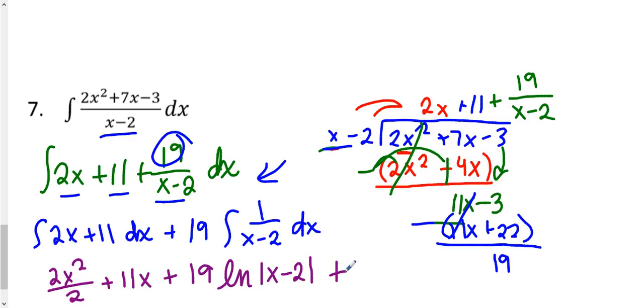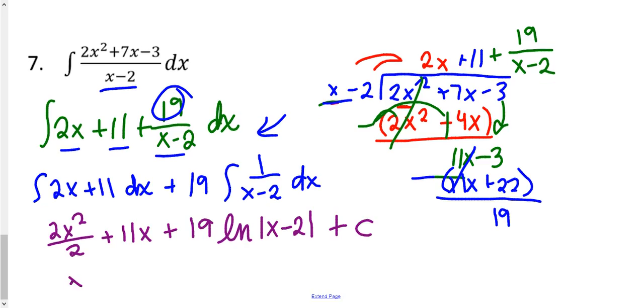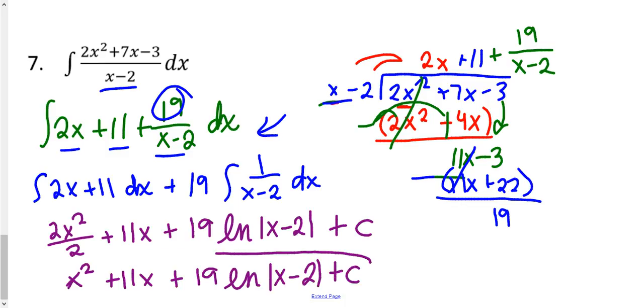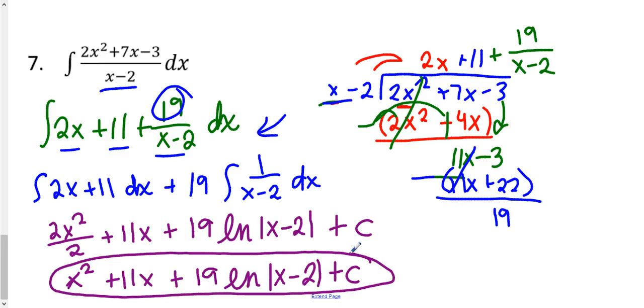And this is an indefinite integral, so we have to have plus c. So this is x squared, since the 2's cancel, plus 11x plus 19 times the ln absolute value of x minus 2, plus c is our final answer for number 7. And that's it for these 4 integrating problems.